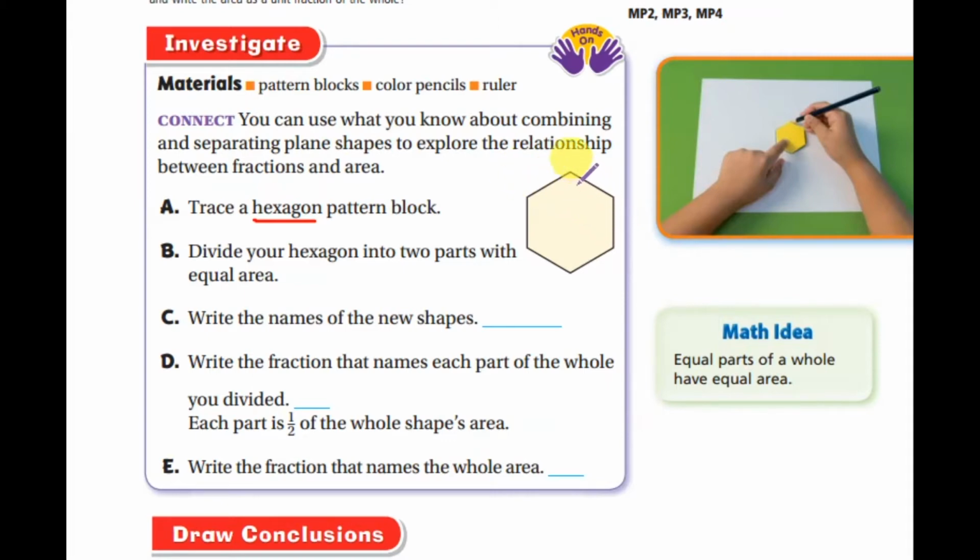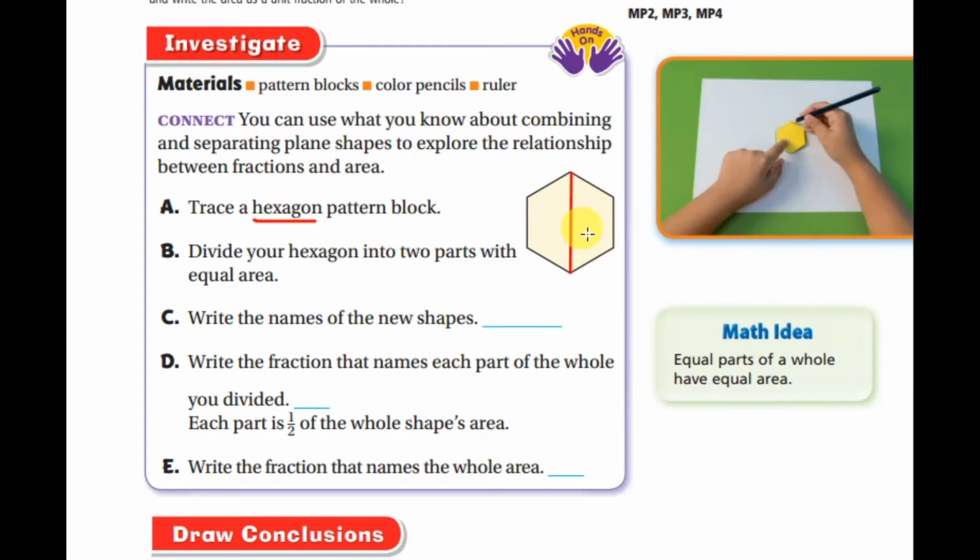So you can choose any 2 opposite vertices to make a straight line between them. Okay, so now I cut the hexagon into 2 equal parts. If I fold the 2 parts over each other, they will match exactly.